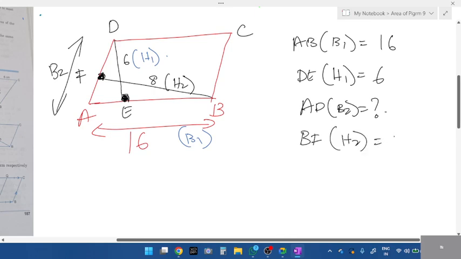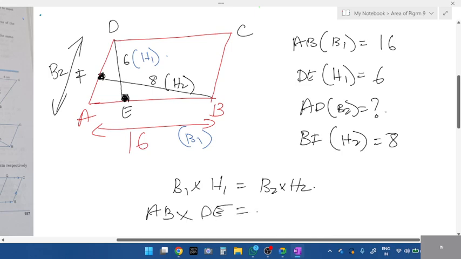Is it clear or you want me to explain again? Tell me the formula. Right? Now substitute all the values. What is B1? AB. What is H1? DE. What is B2? Into what is H2?